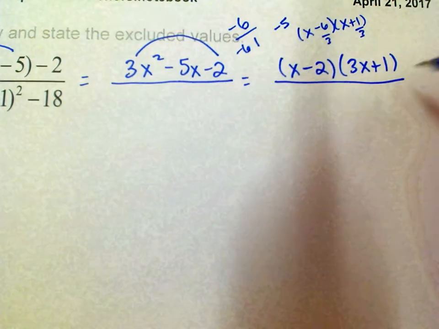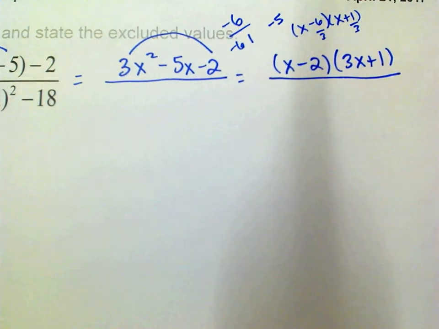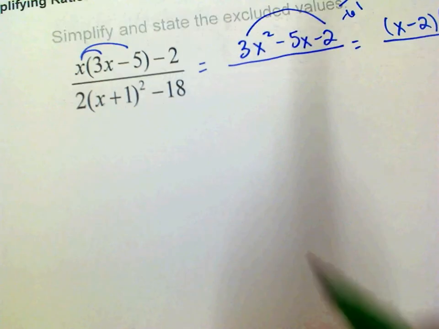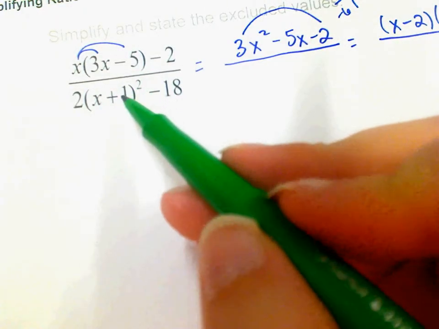All right, let's go back and work the other one. So, what do I do? Do I just distribute the square, x squared plus 1 squared? No. That is a big no-no.